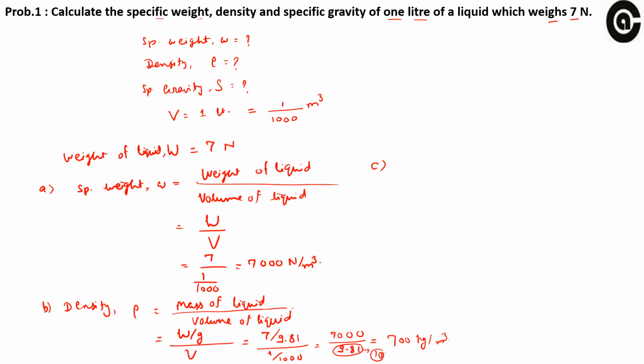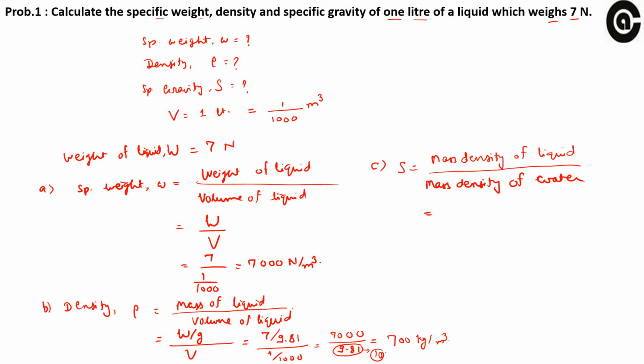And at the last we have to calculate specific gravity, which is given by mass density or weight density of the fluid with respect to the mass density or weight density of the standard fluid. Here the standard liquid will be water.